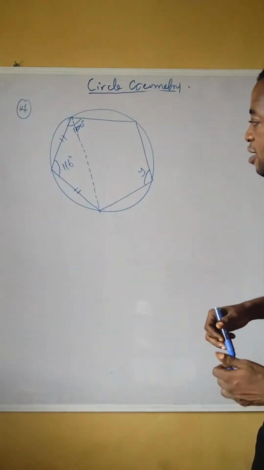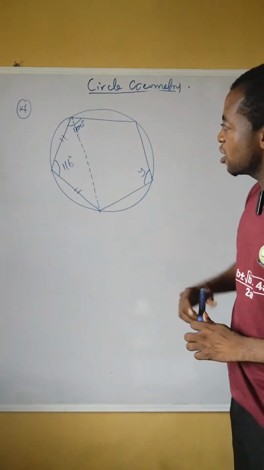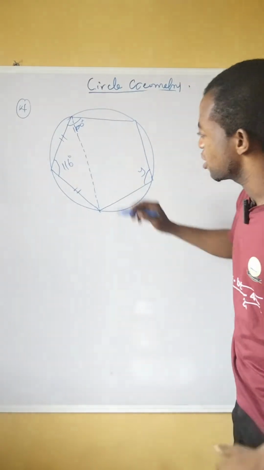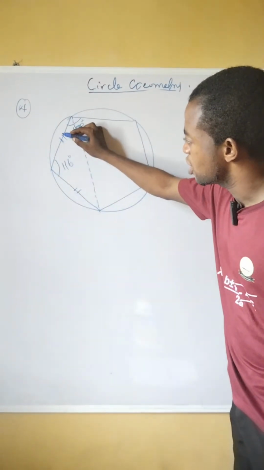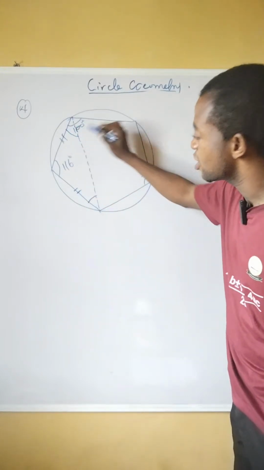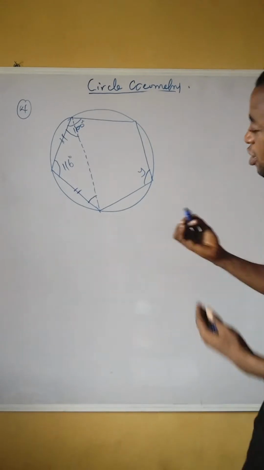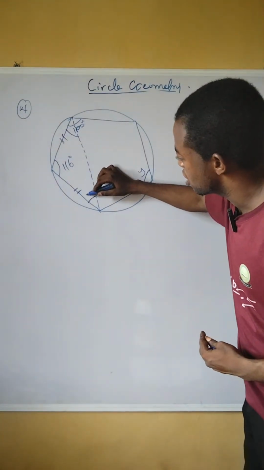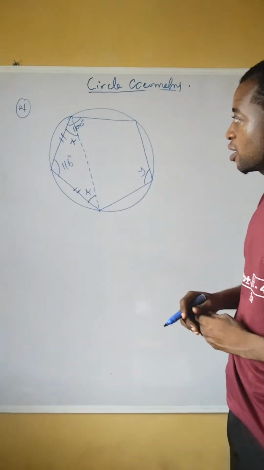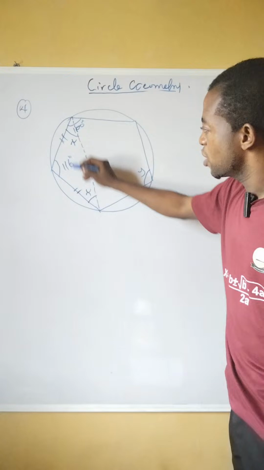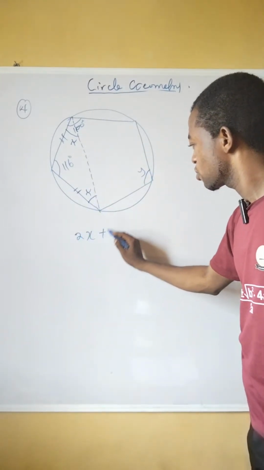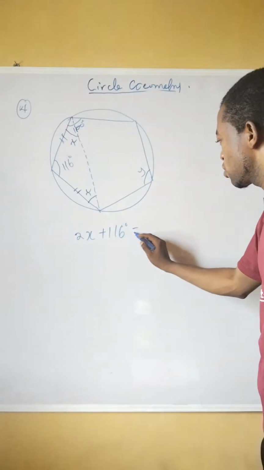But something interesting is here now. We have already cut out a triangle here. From this triangle, these two sides are equal, which makes these angles equal. It makes it an isosceles triangle if you have been following the class. So this can be labeled as x. This is also x. So we can find the value of x by saying x plus x, 2x plus 116 should be equal to 180 degrees.